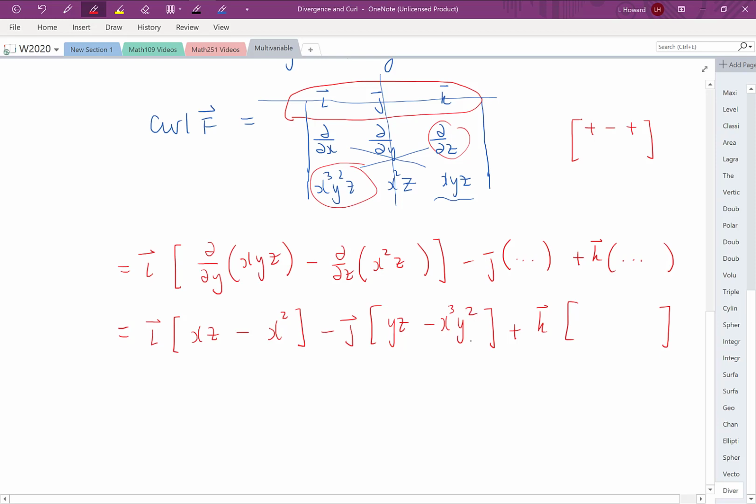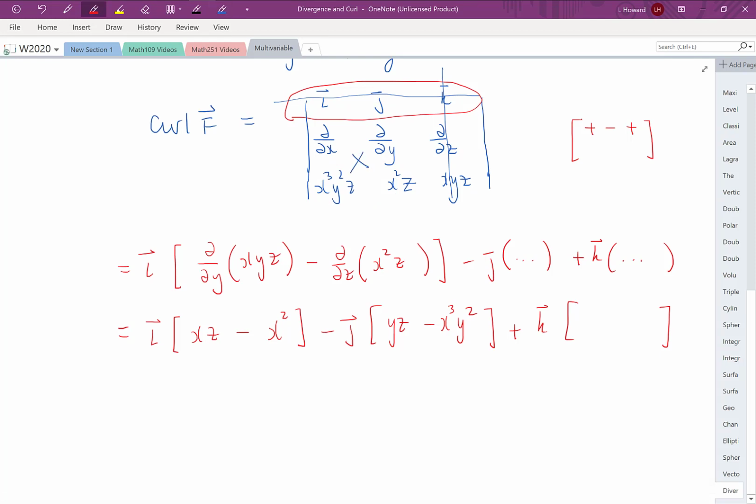That's the j term done. And then finally looking at the k term, going to do this little 2 by 2 determinant. So ∂/∂x of x squared z is going to give us 2xz. And then we go minus ∂/∂y of this guy. So that would be 2x cubed yz.